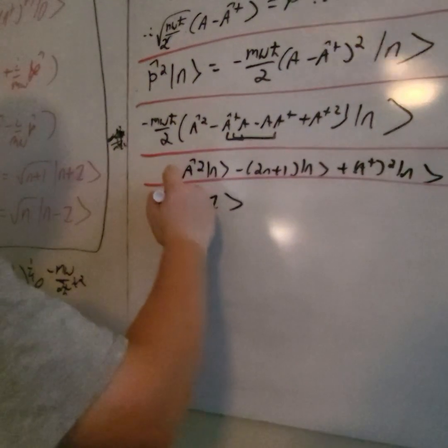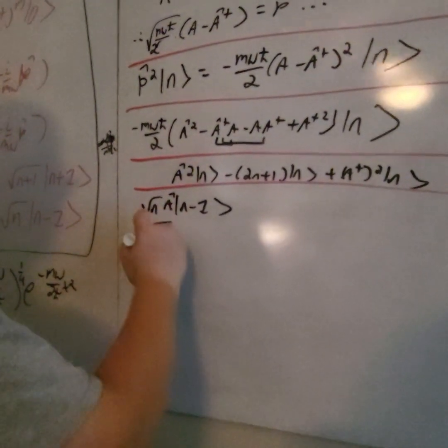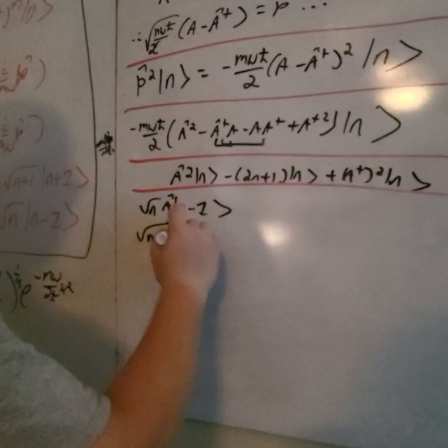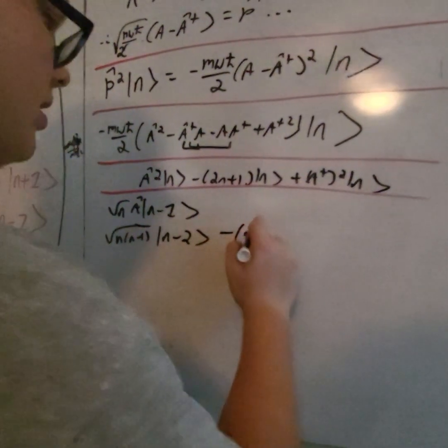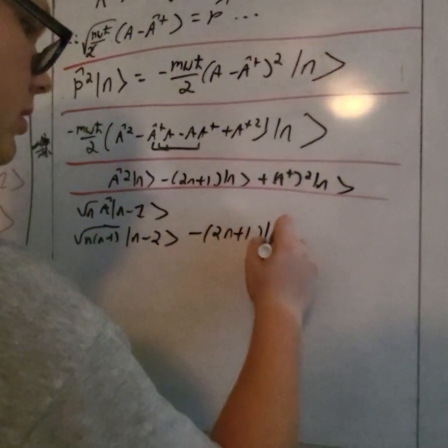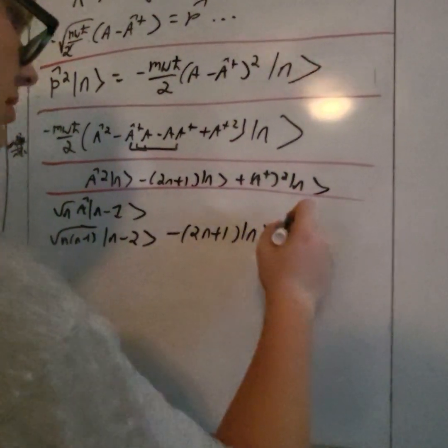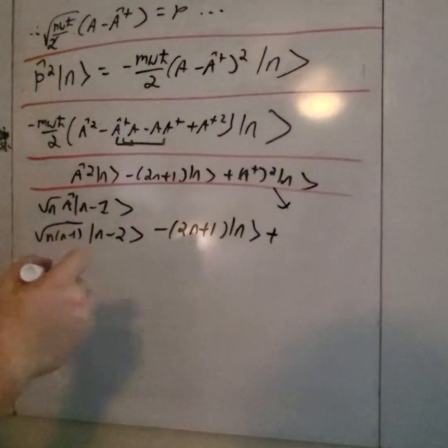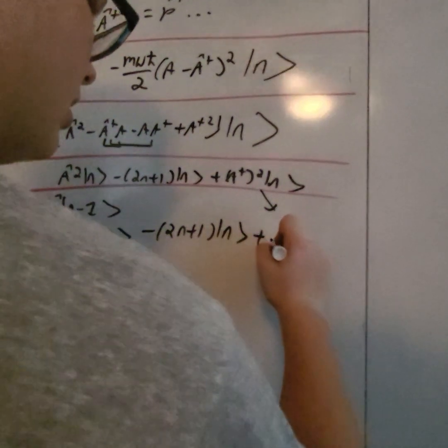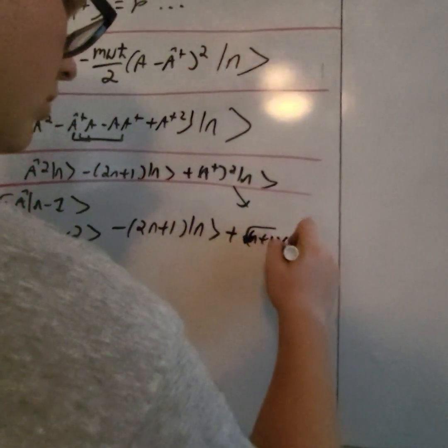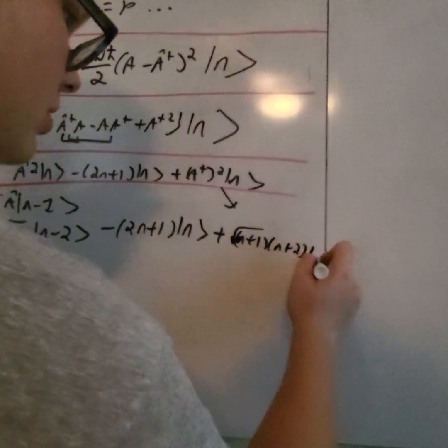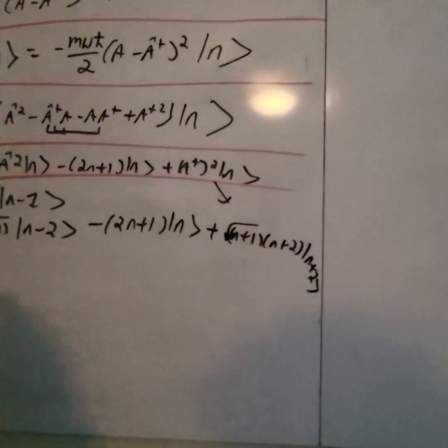And then you have to act on it again, so you'll get n minus 1, n minus 2. Minus (2n plus 1) n, plus a very similar thing: n plus 1, and then n plus 1, n plus 2, n plus 2.